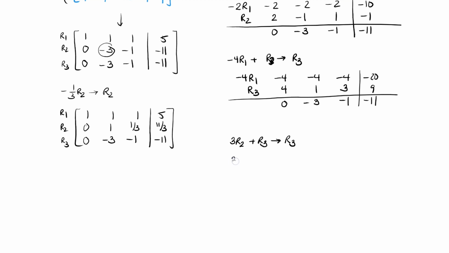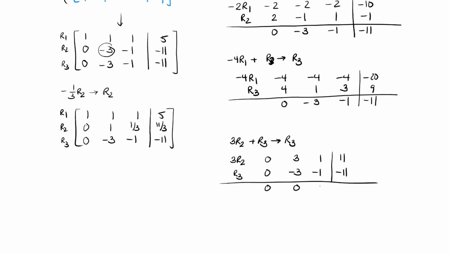3r2 is 0, 3, 1, augment 11. I feel like deja vu because we're going to get the same numbers again. And then row 3 is 0, -3, -1, -11. Well, that's interesting.